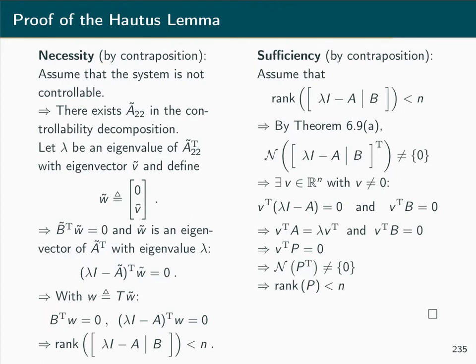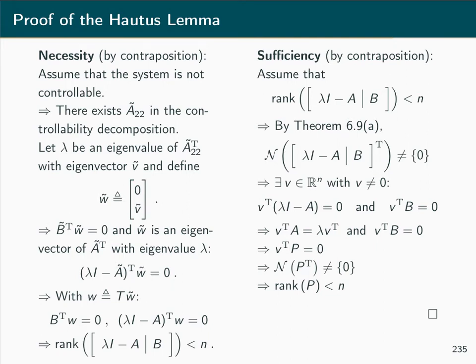So we can let lambda be an eigenvalue of A tilde 2 2 transpose with a corresponding eigenvector v tilde, and we can define the vector w tilde as the vector having zeros on top and then v tilde at the bottom.